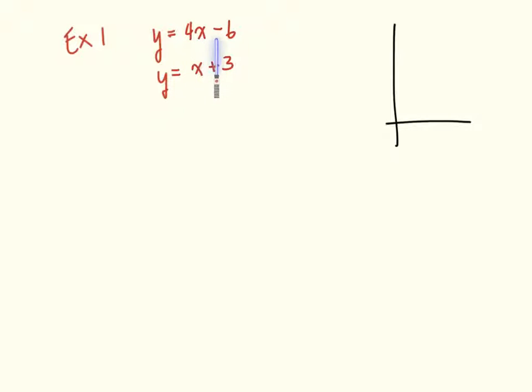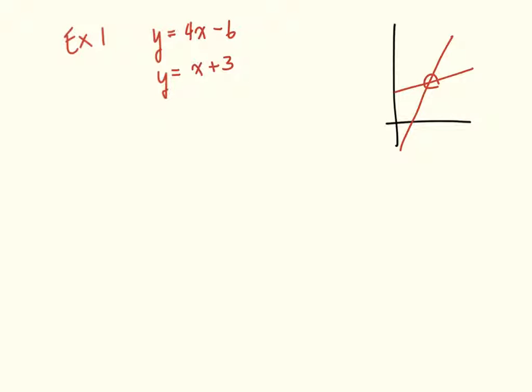So that's 4, slope, y-intercept. So in a general sense, we get a line that goes up really sharply and another line that's just a little bit more flat. And what we're trying to do is find the intersection point. So we're doing this algebraically now, not graphically. So how is this going to work?